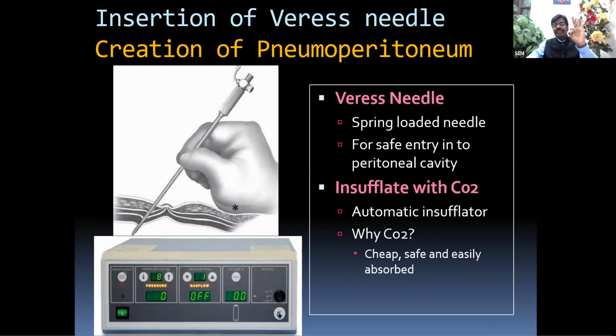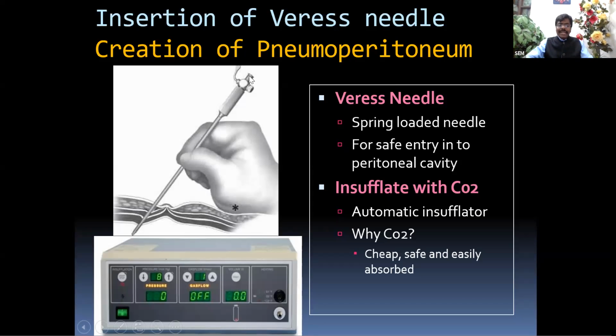Three B's. It will not hit the bowel, no perforation. It will not damage the bladder. It will not cause unnecessary bleeding from blood vessels like the aorta and IVC. So it is fairly safe because it is blunt tipped, not like your venflon, which has a sharp end. So, safe entry.